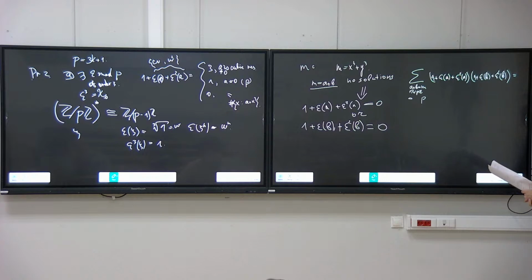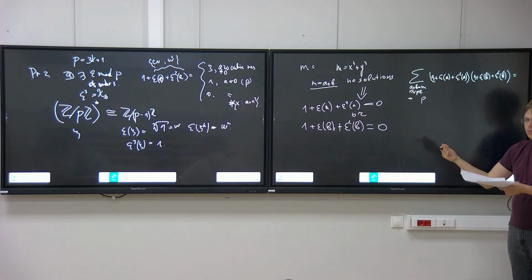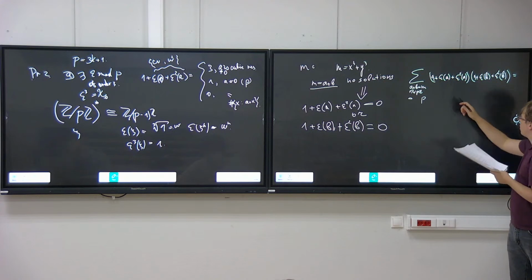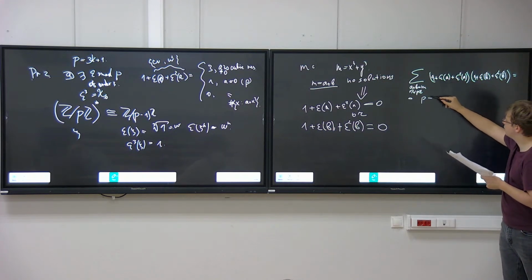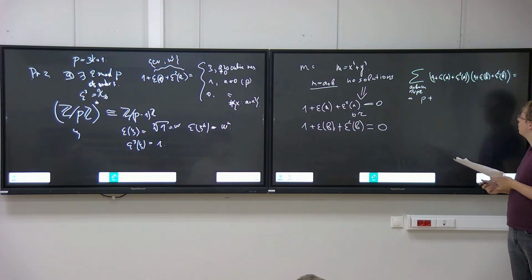Corresponding to 1 multiplied by 1, 1 multiplied by epsilon. What is 1 multiplied by epsilon? Such a sum must be 0, yes, because it's a sum over all residues of values of a character. So 1 with everything else is 0. In our sum of 9 summands, we have 4 zeros, right?